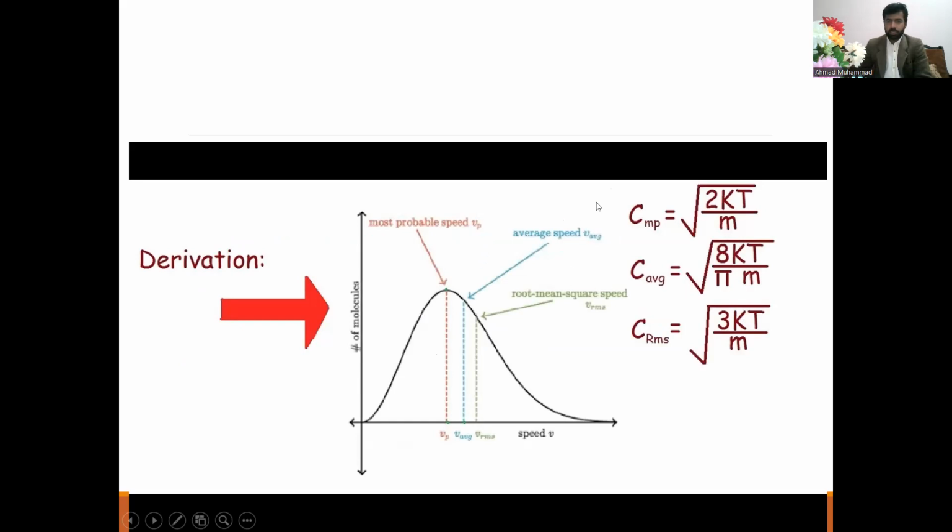You can see the graph. The equation for that is the square root of 2kT over m. The average velocity and root mean square velocity we will discuss in the next videos.